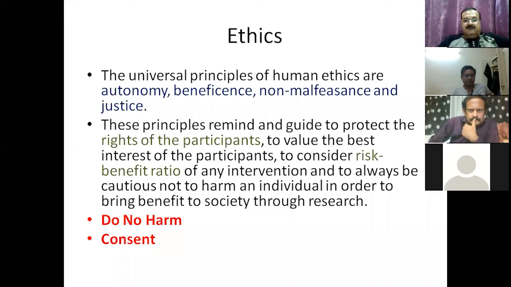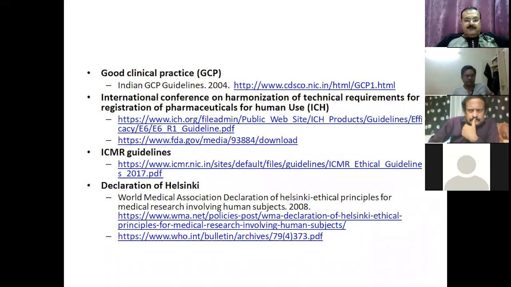After the information is given to the patient, he decides whether he wants to participate or not. There are a number of places where you are going to find guidelines. One is the Good Clinical Practice guideline; the Indian guideline is available at the CDSCO website.